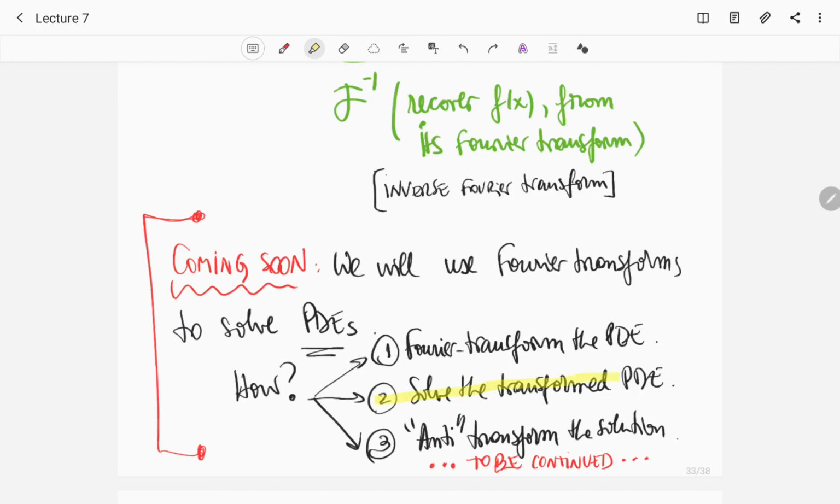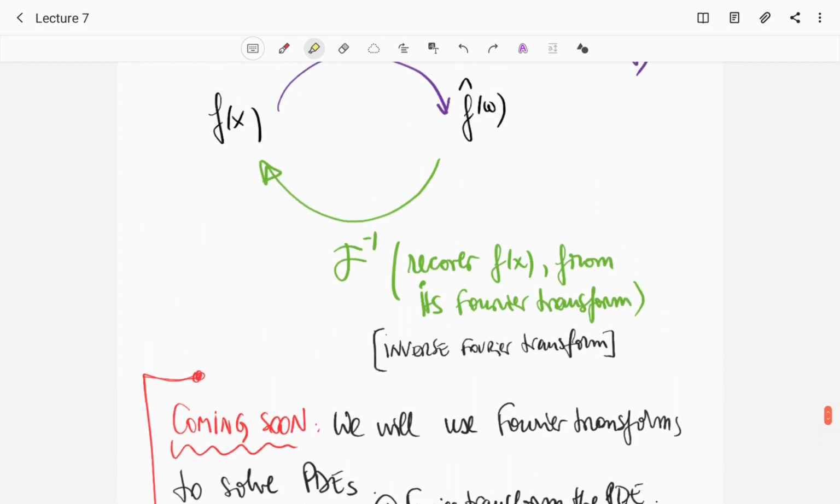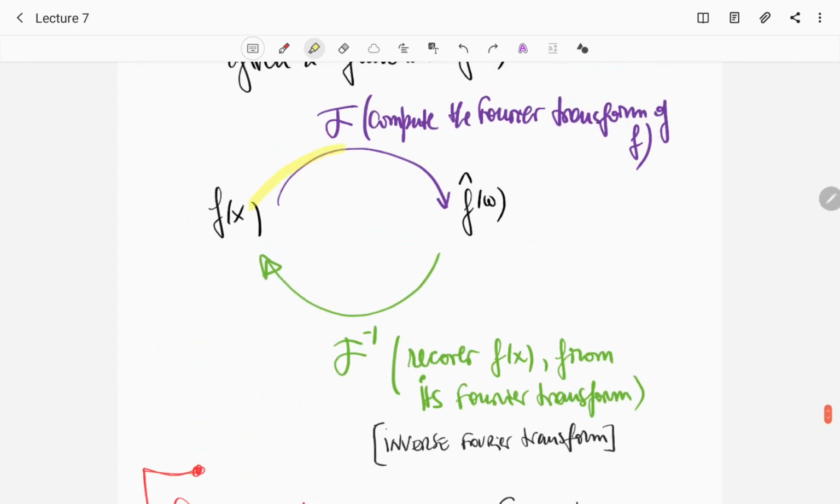But that equation is in terms of the Fourier transform of the solution that we want to find. No problem. Then we anti-transform the solution to get the real function, the real solution. And that's why we are learning all this stuff about Fourier transform. We know how to Fourier transform and we know how to undo that.